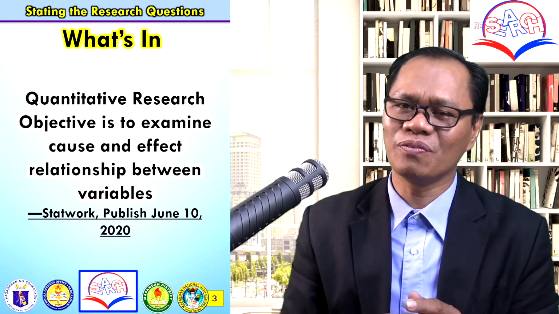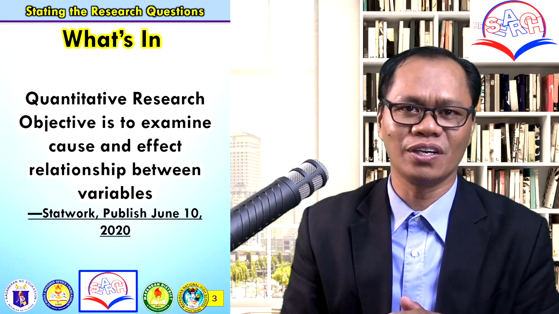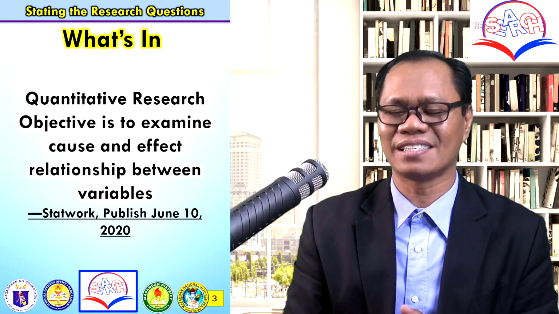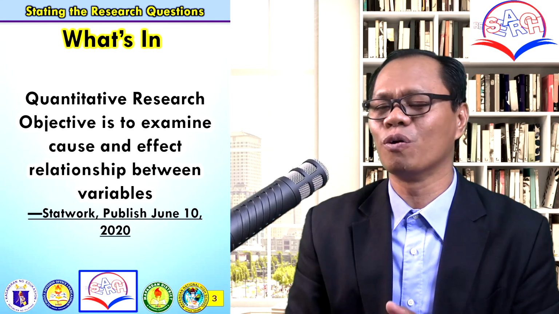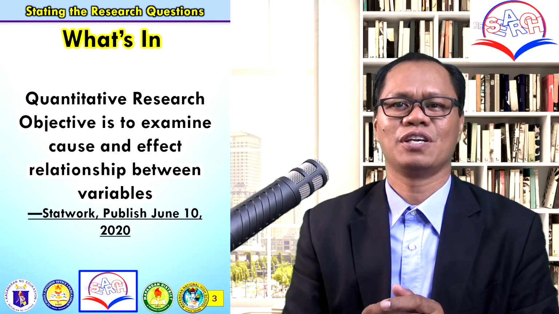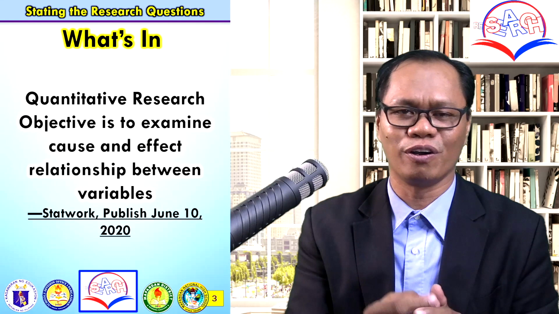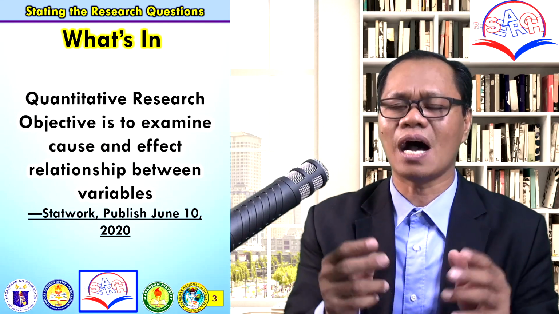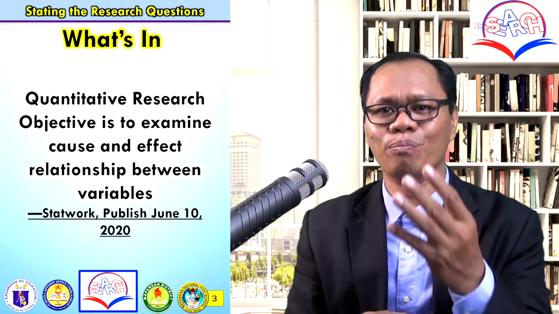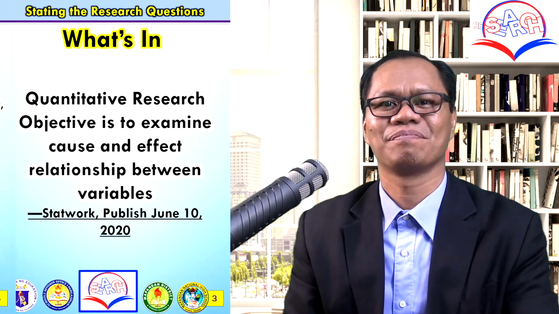It is one way to investigate, to determine and find out cause and effect relationships or differences between and among variables. When we say between variables, we are referring to two variables, while if we use among variables, we are supposed to indicate three or more variables.